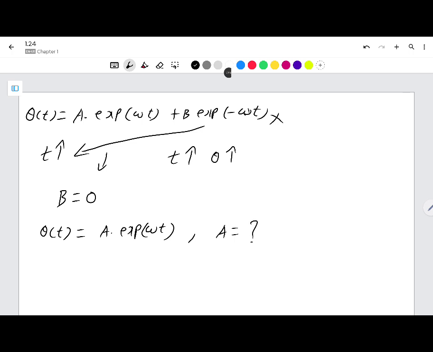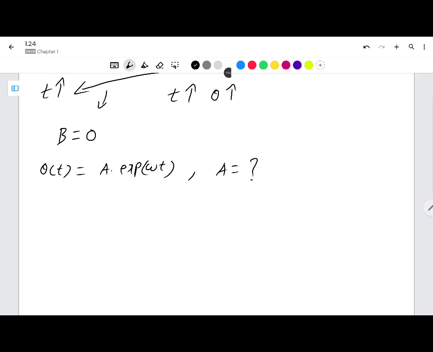How are we going to do that? Okay, so we are going to assume this distance is x0.